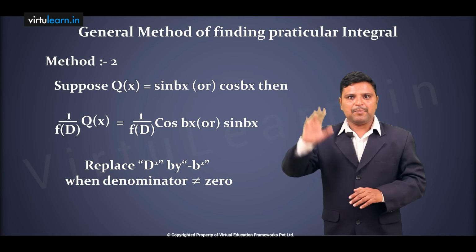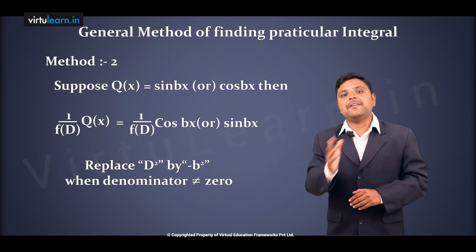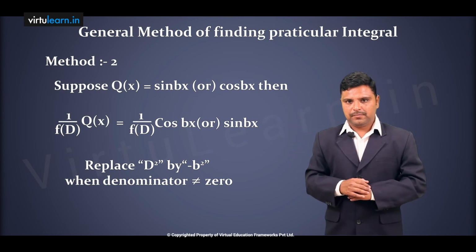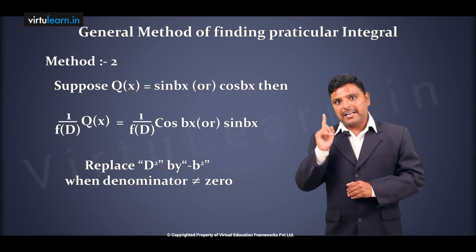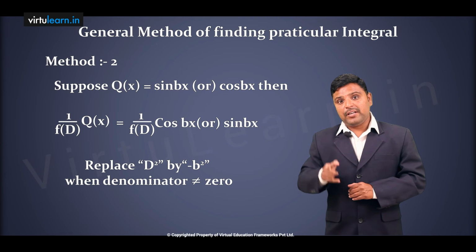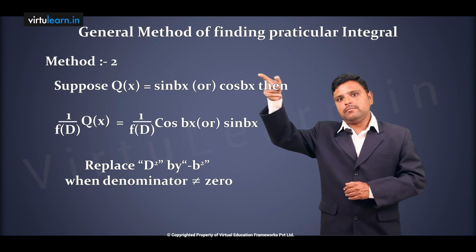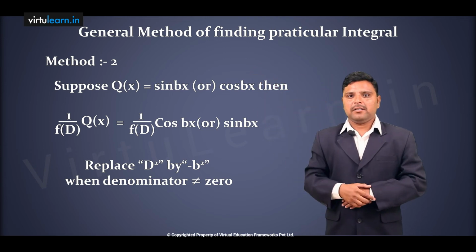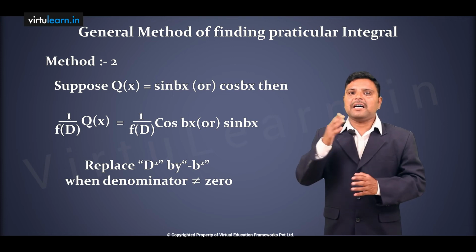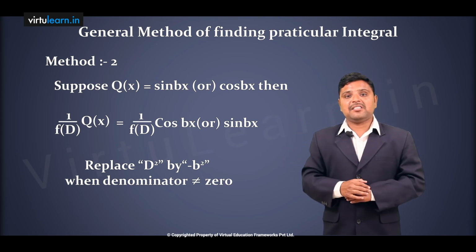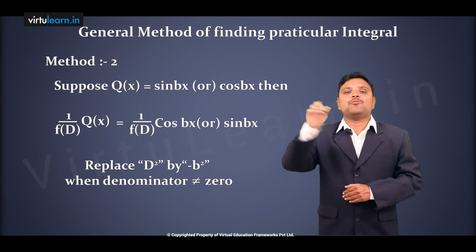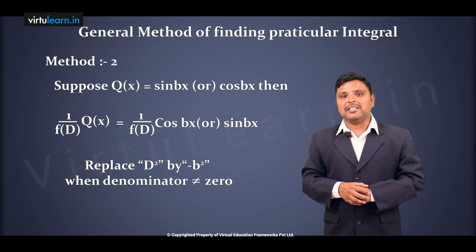This is the standard procedure when you observe sin bx or cos bx: replace d square by minus b square. Observe very carefully, it is not minus b whole square; the minus is outside b square. If it is cos 2x, the answer is minus 2 square, meaning minus 4. If it is sin 3x, minus 3 square means minus 9. Like that you have to observe. This is very important.